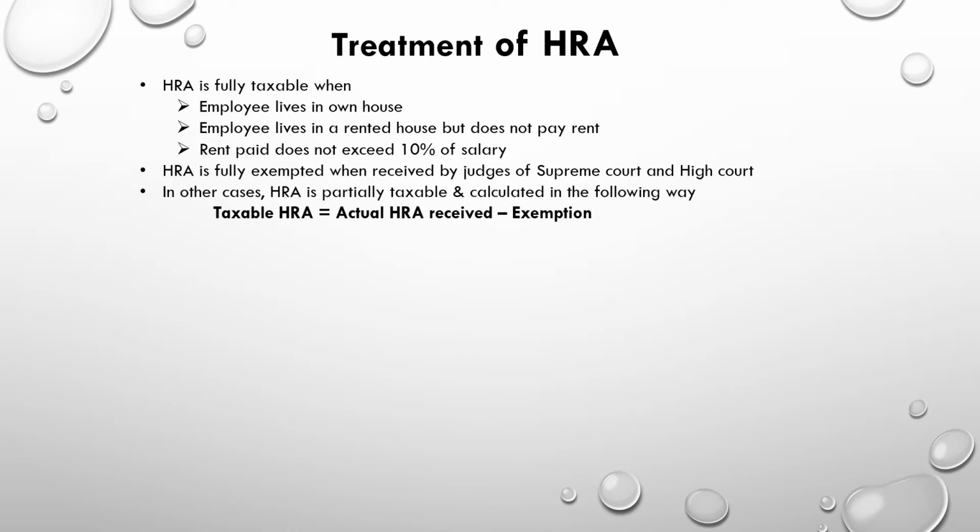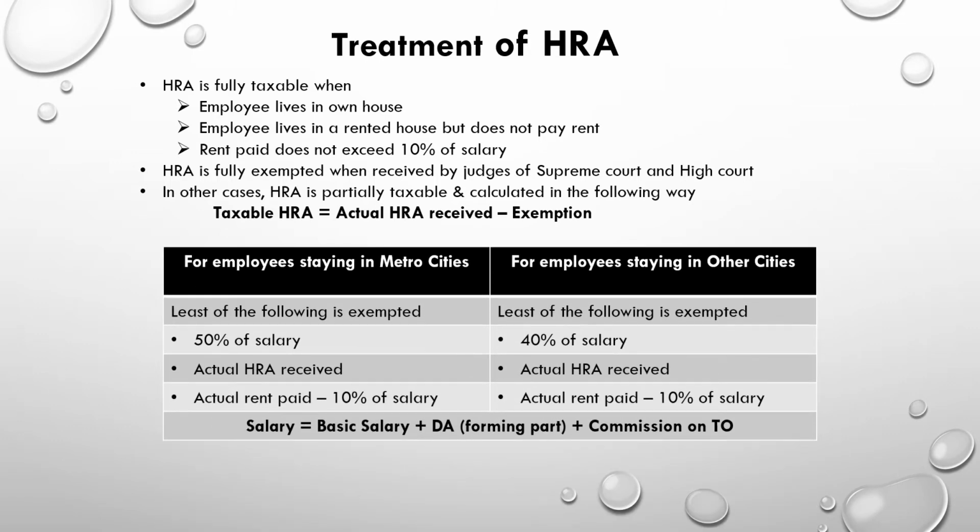These allowances are categorized into three based on their tax treatment, that is, fully exempted allowances, fully taxable allowances, partially taxable allowances, or partially exempted allowances. And HRA is one allowance which can be classified into any of the above classifications as the case may be.